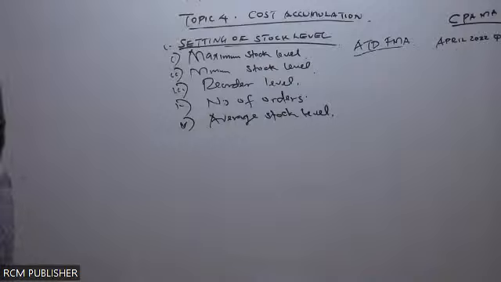So if you look at that particular question, it is covering what we did the other day. You are being tested on how to get the maximum stock level, minimum stock level, and then the reorder quantity, the average stock level.